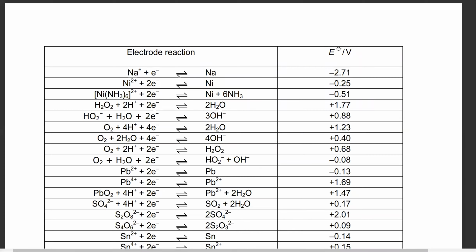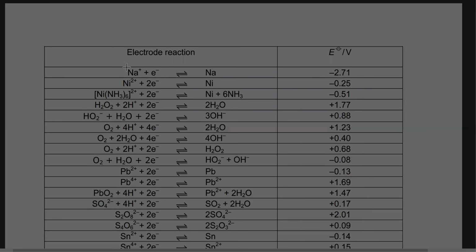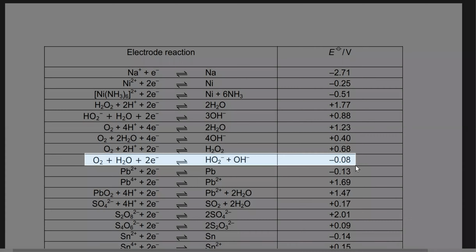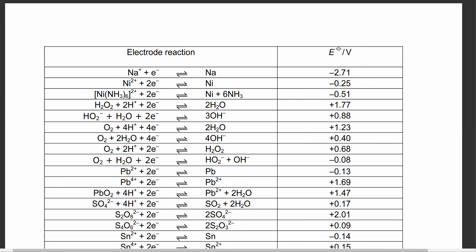So I'm going to pick any random electrode. Let's say I pick this electrode, and I'm going to copy this.